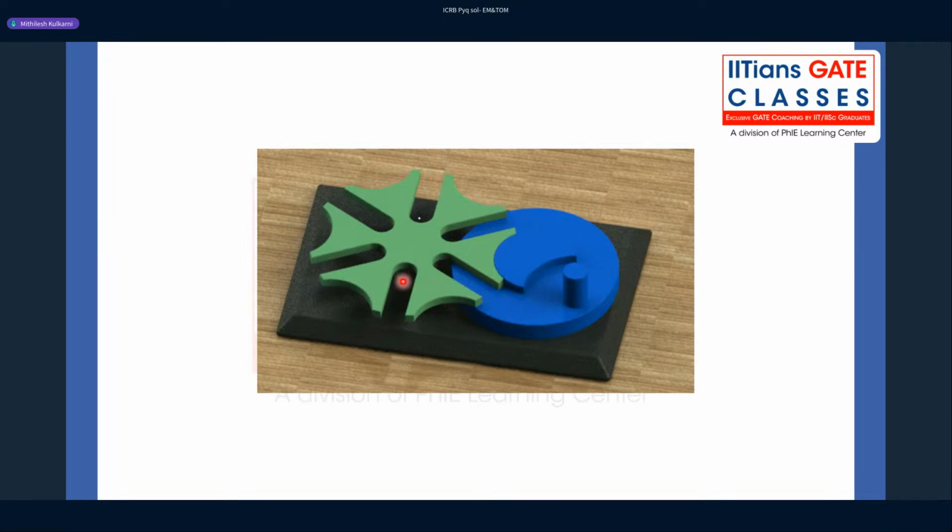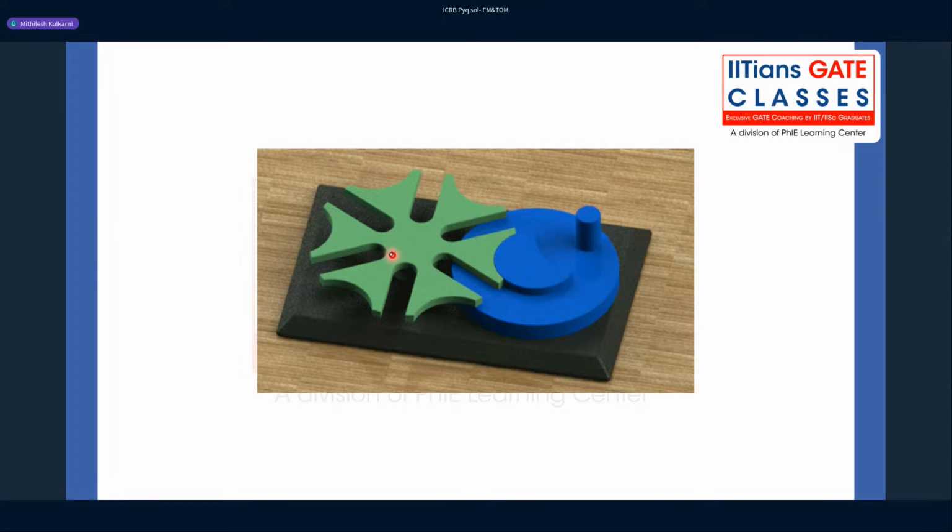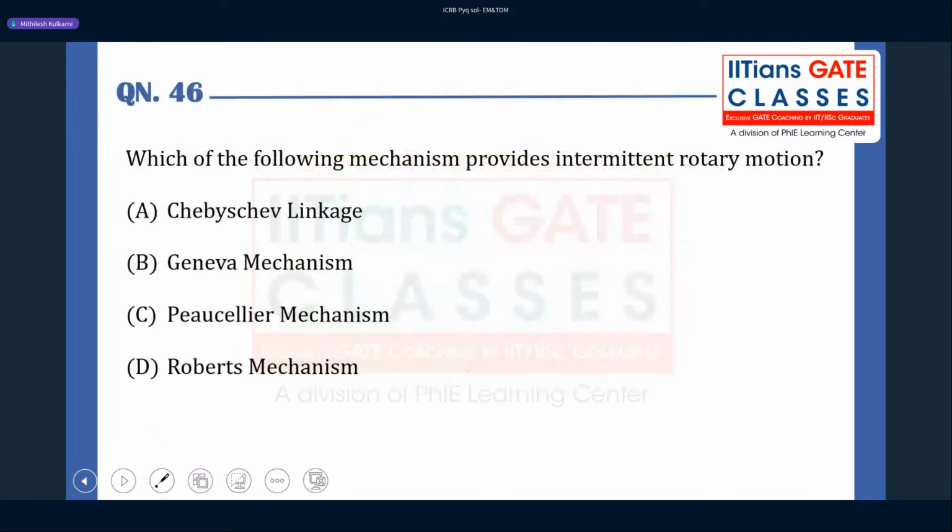Link number 2 is in green color. We are providing intermittent motion to the second link with the help of the first one. This kind of mechanism is known as Geneva mechanism. So the correct answer in this case is option B. The mechanism which provides intermittent rotary motion is known as Geneva mechanism.